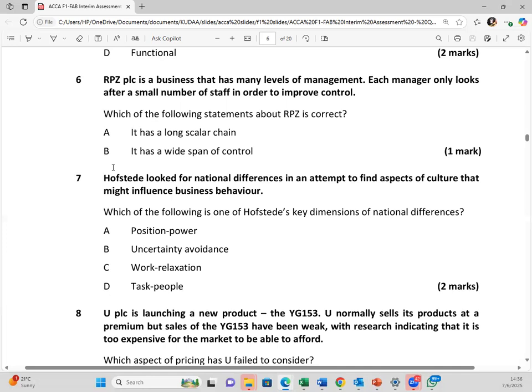I see a lot of B's coming through, and B is correct. We said some cultures have high uncertainty avoidance, so they are afraid of making wrong decisions. Then let's move on.